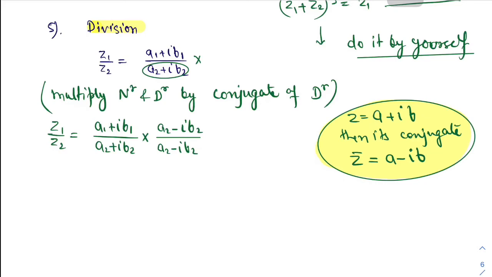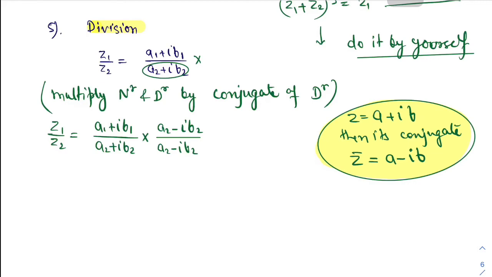In some books you will see that they write this as rationalization, but using the word rationalization is not very correct here, because rationalization means to rationalize an irrational number.